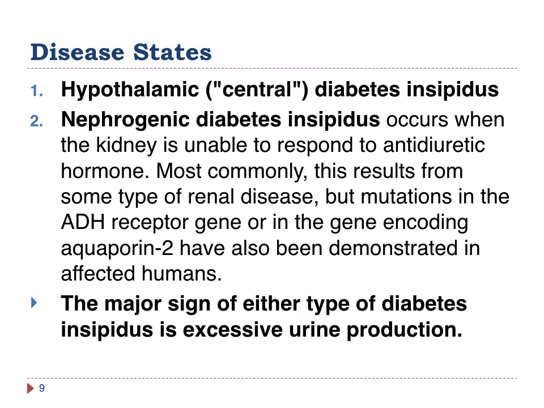The major sign of either type of diabetes insipidus is excessive urine production. In some patients, they might even produce as much as 16 liters of urine per day. Of course, if adequate water is available for consumption, the disease is rarely life-threatening, but without water, this can be very dangerous and lead to dehydration.